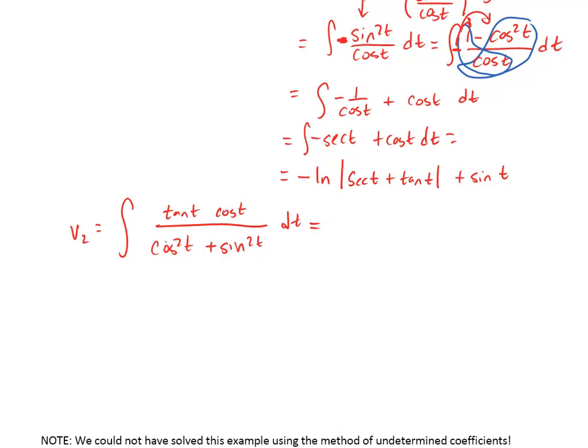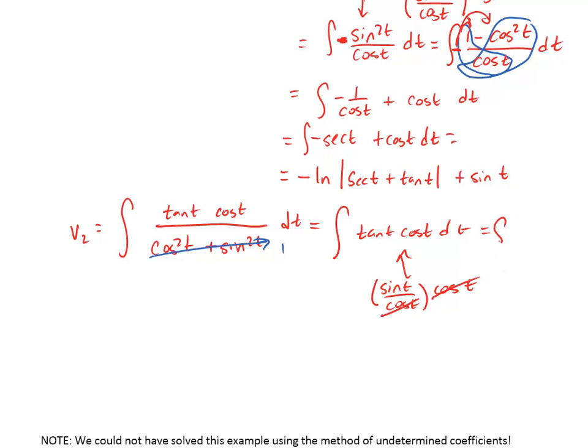So the denominator, as before, is 1. So that gives us tangent of t, cosine of t dt. And this is even easier because this becomes sine of t over cosine of t times cosine of t. The cosine of t cancels, so this is the integral of just sine of t dt, which we know the integral of sine is negative cosine.